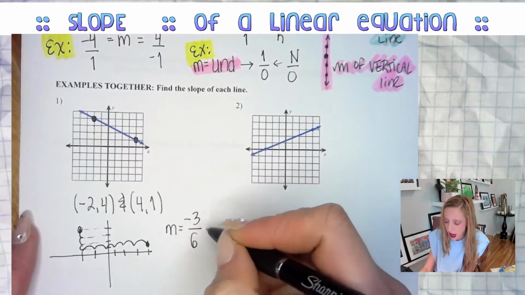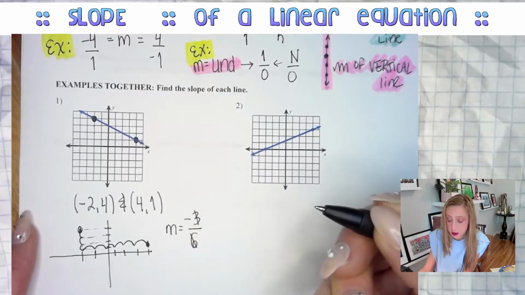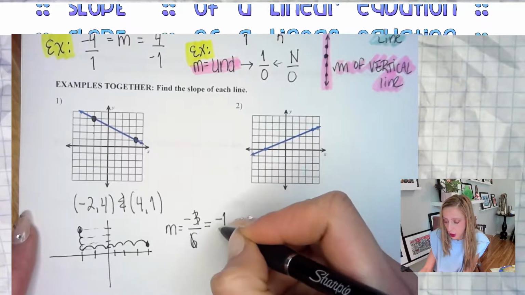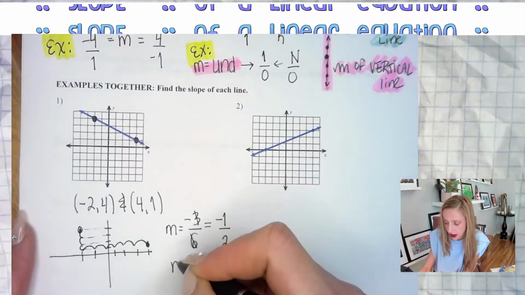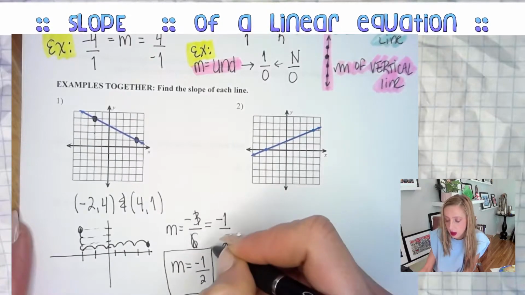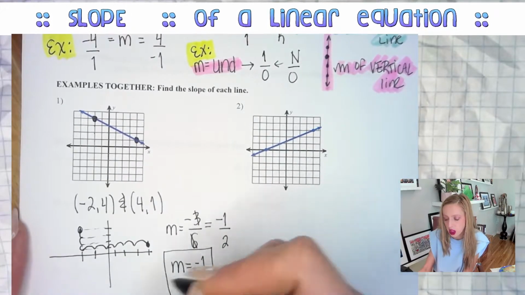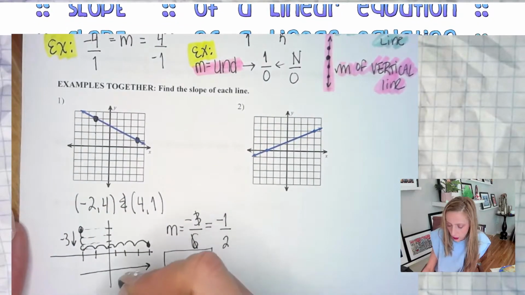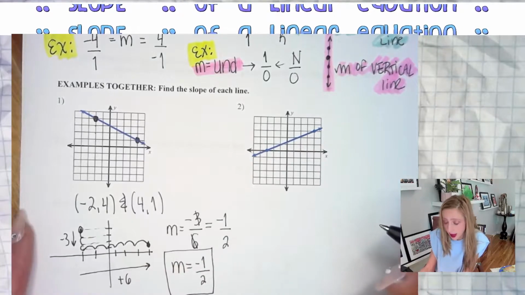We always reduce our fractions. Both of these can be divided by 3. If I divide the numerator and denominator by 3, I get -1 over 2. Final answer is m equals -1 over 2. You do not just write an answer, you always show some work, okay? So it went down 3, I'm showing that, and went to the right 6, and I'm showing that as well.